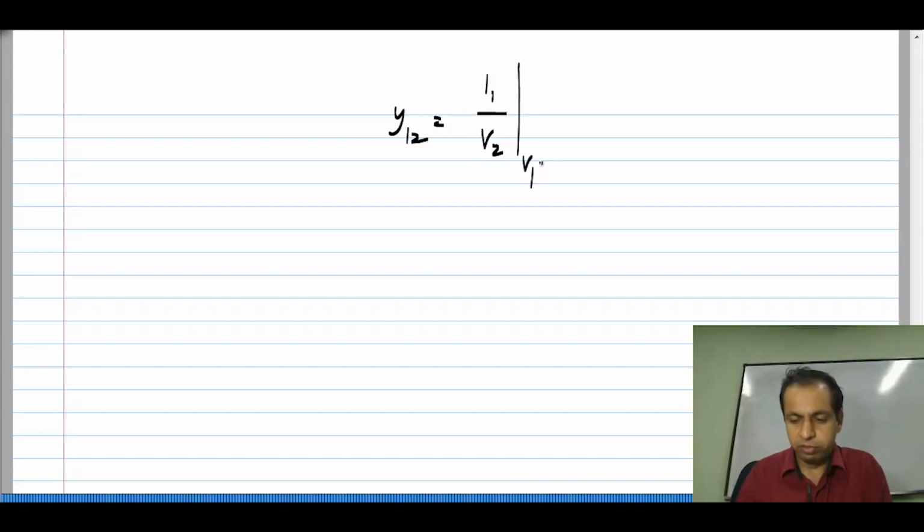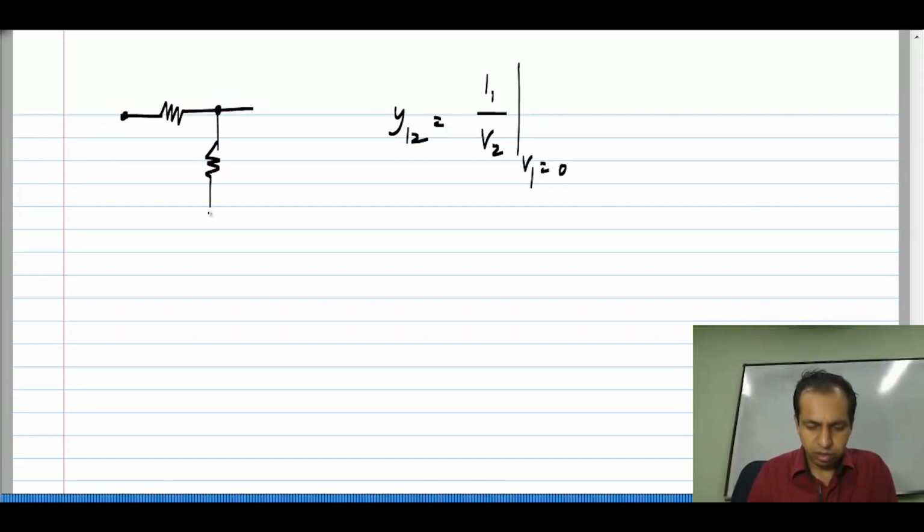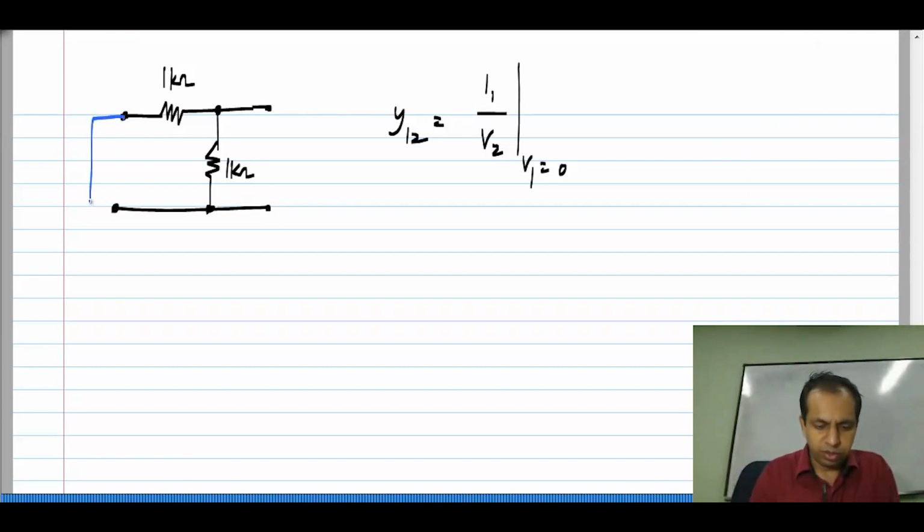Now, let us consider the other parameters. We know that Y12 is I1 by V2 with V1 set to 0. I have to short circuit port 1. So, let me do that. This is 1 kilo ohm, that is 1 kilo ohm. Okay. Now, I short circuit port 1 or set V1 to 0 and apply V2.